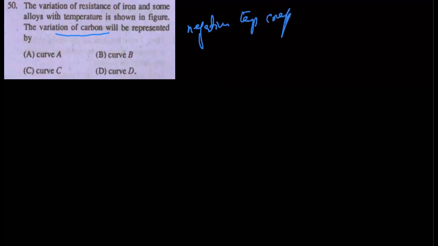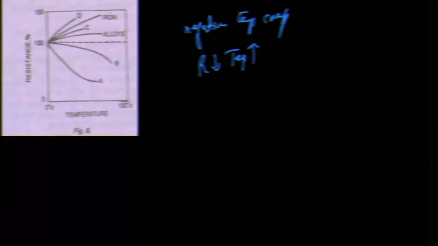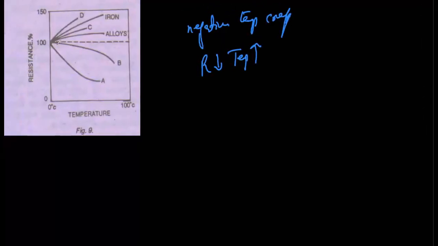So it means that your resistance will decrease if your temperature increases. And the figure is this one. So if you see over here, B has a linear decrease of resistance with increasing temperature. So option B will be the correct answer.